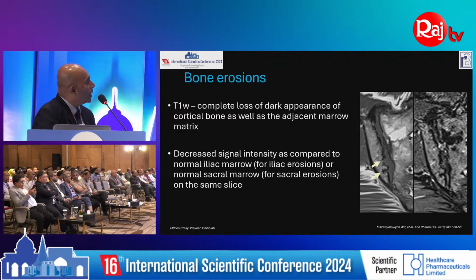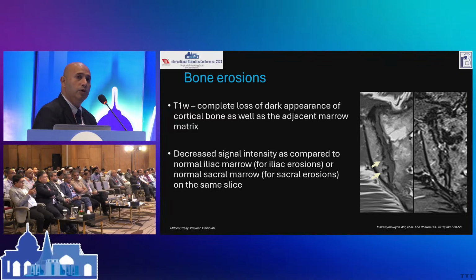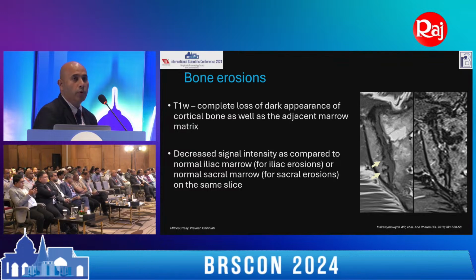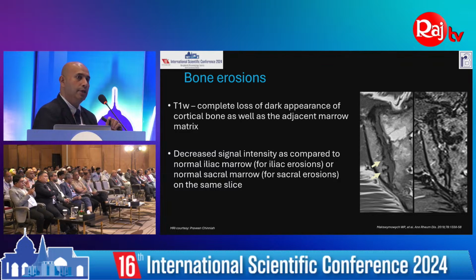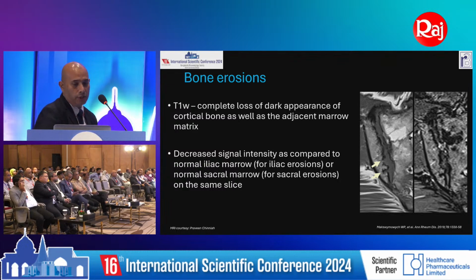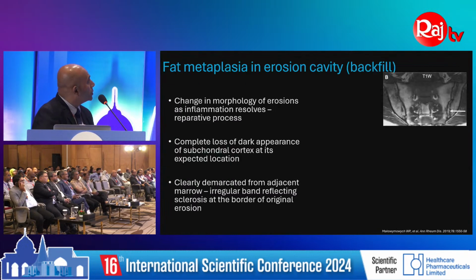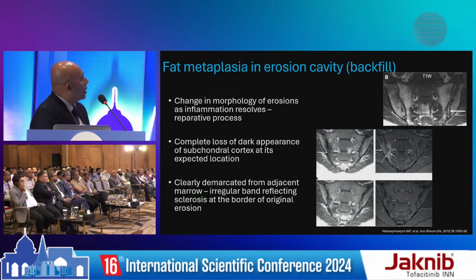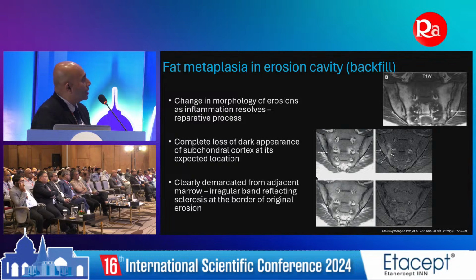Bone erosions is one area where, as I said, MRI has not been all that great up till now, but we do have sequences like VIBE and Dixon, which help us understand the bone cartilage interface where you have these erosions. Moving on, fat metaplasia in erosion cavity, backfill, was added into the definition recently, about 5 years ago.